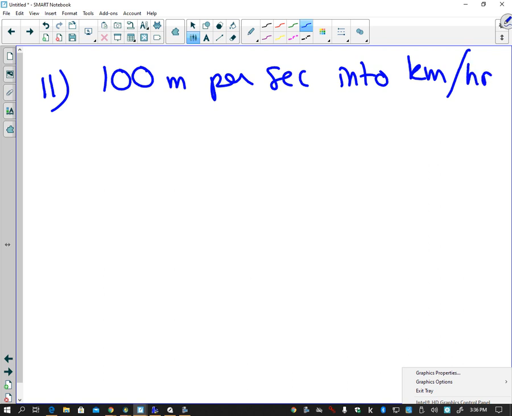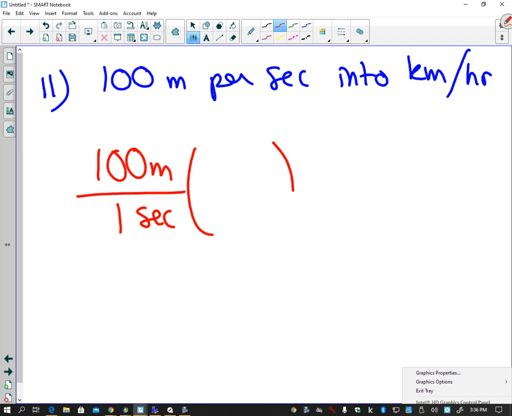Okay, so we're going to rewrite it. We got 100 meters over 1 second. Let's go ahead and convert meters to kilometers. I want my meters on the bottom so that they cancel out. I need kilometers on top. A meter is smaller than a kilometer, so kilometer gets 1, and there are 1,000 meters in a kilometer.